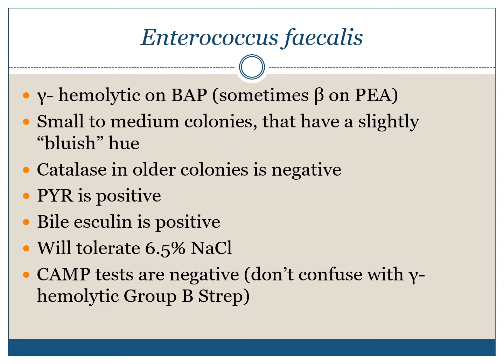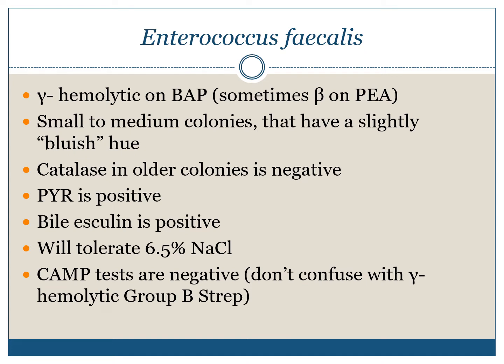They're catalase negative in older colonies, but they can be catalase positive if they are less than 24 hours old, and that's a weak catalase positive. PYR is positive. Bile esculin is positive, and they will tolerate 6.5% sodium chloride. The CAMP test is negative. The only reason we would even do the CAMP test is to rule out our gamma hemolytic group B strep.